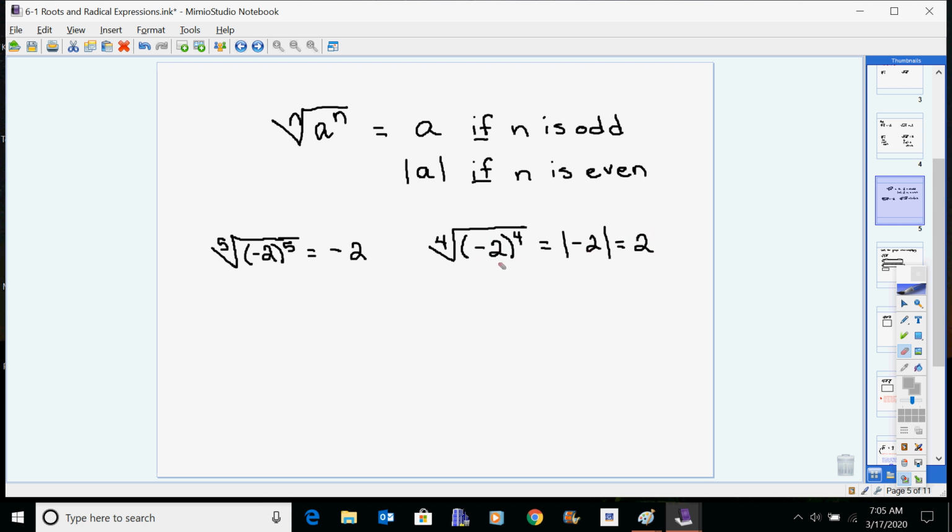Because you can imagine when you multiply this out, negative 2 times negative 2 is 4, times negative 2 is negative 8, times negative 2 would be positive 16. So the fourth root of positive 16 would give you a regular 2 as long as there's nothing out front of it that tells you that you want the negative square root. Okay, let that sink in for a minute.